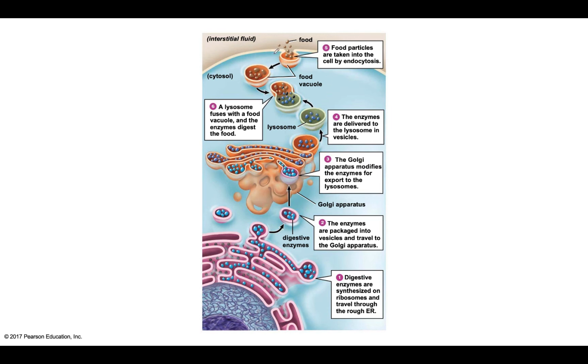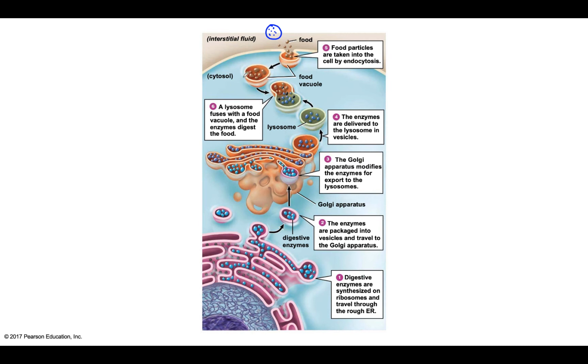Also, this cell can have some food vacuole. Outside, some vesicle has some food, and then this vesicle fuses and merges into the plasma membrane of this cell. So food particles are taken into the cell by endocytosis. When some material enters the cell by way of a vesicle, we call that endocytosis.